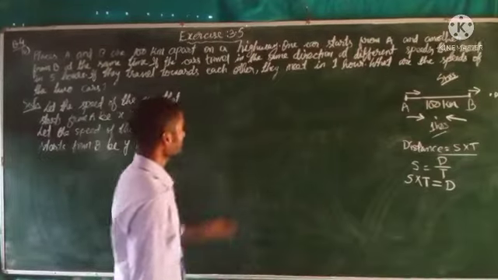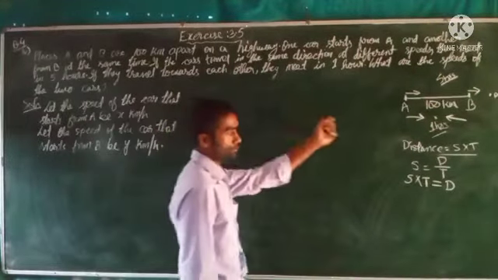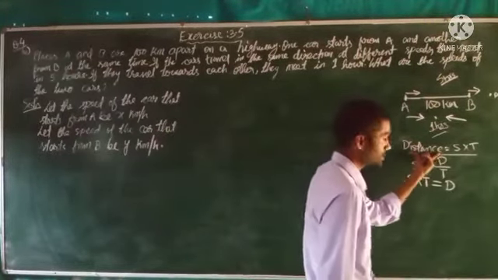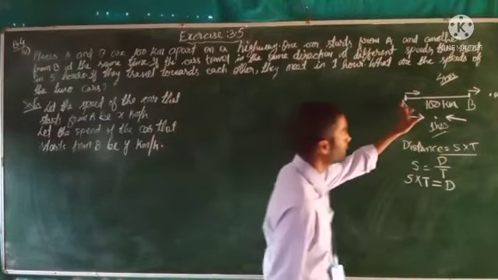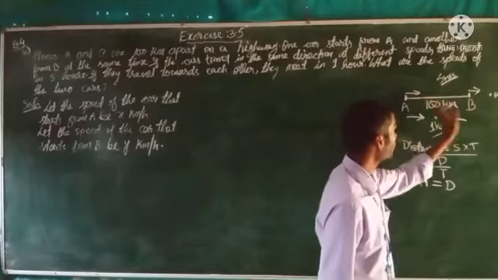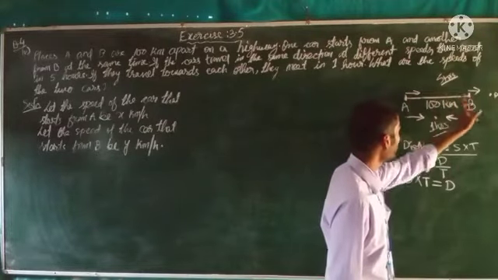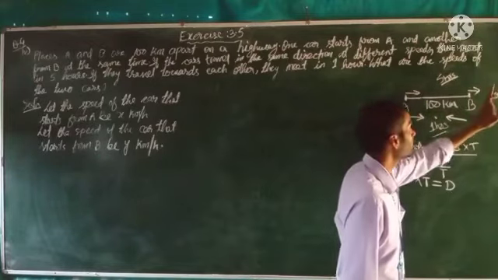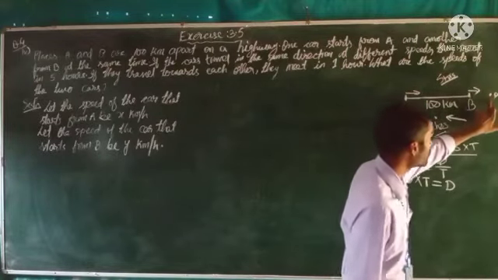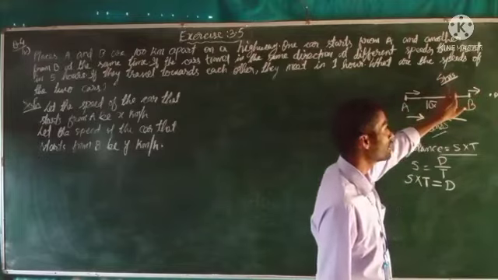Now here, the first condition we will obtain from the distance. If both the cars, the one that starts from A and the one that starts from B, are traveling in the same direction, then they meet at one point in 5 hours.